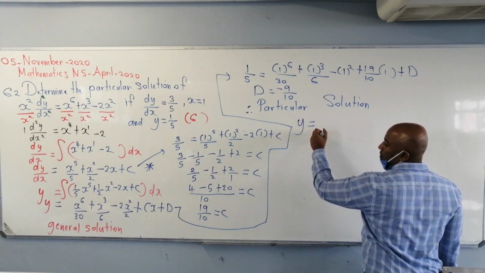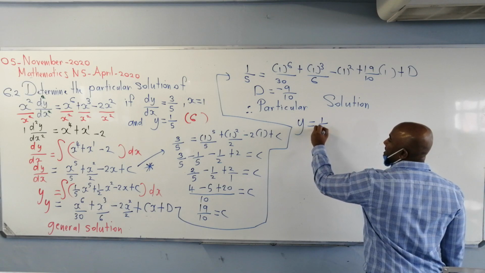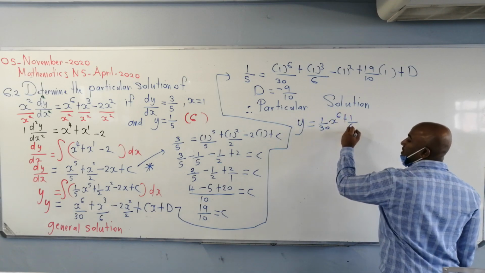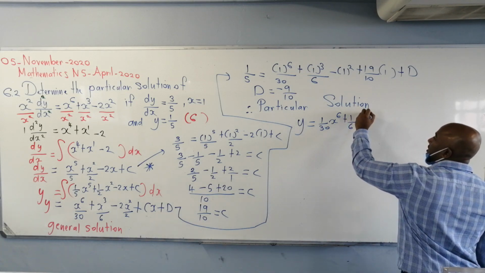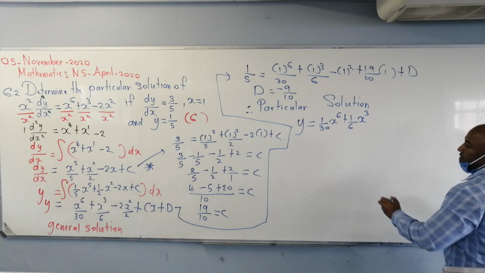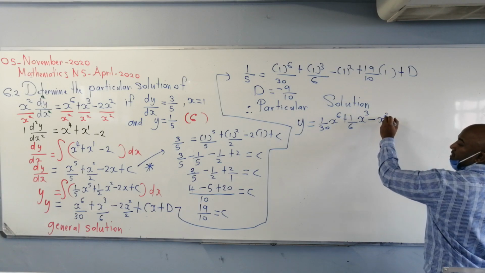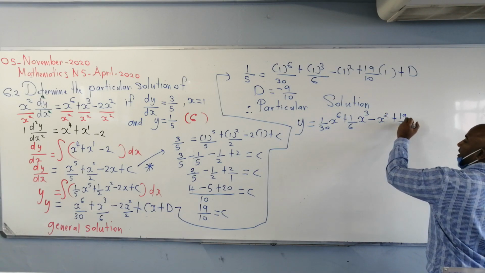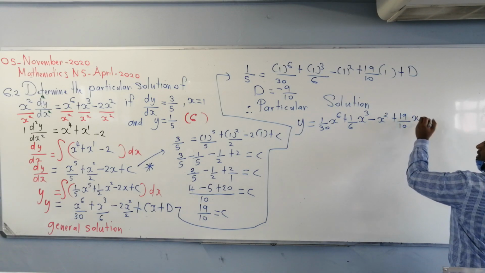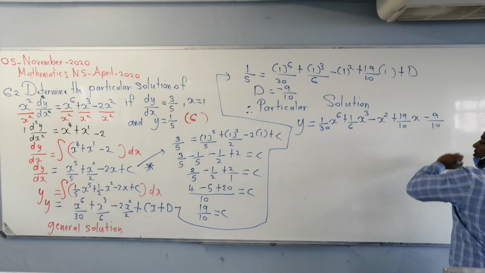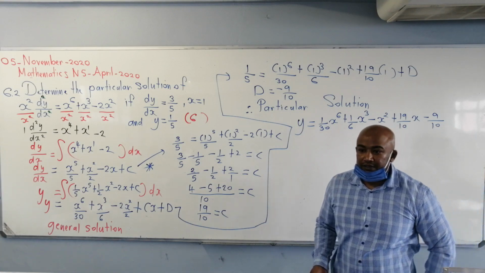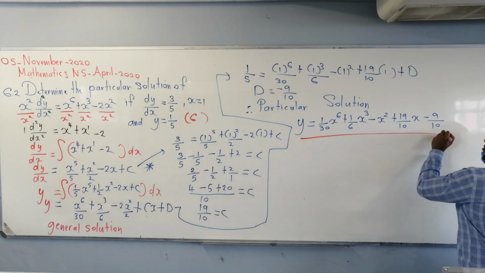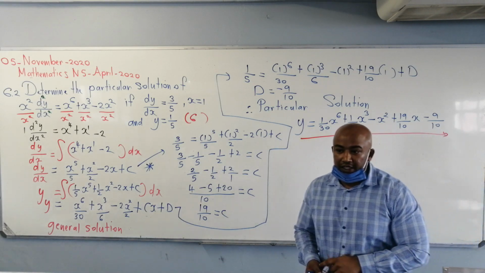So y is equal to 1 over 30 x to the power 6 plus 1 over 6 x to the power 3 minus x squared plus 19 over 10 x, and then we got minus 9 over 10. Is that correct? Double check that answer.